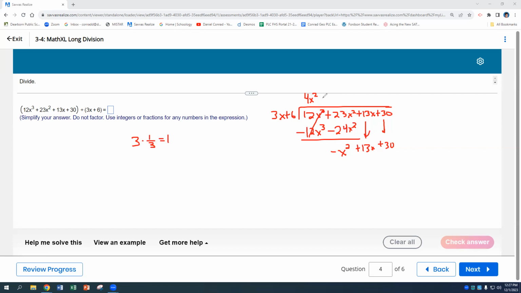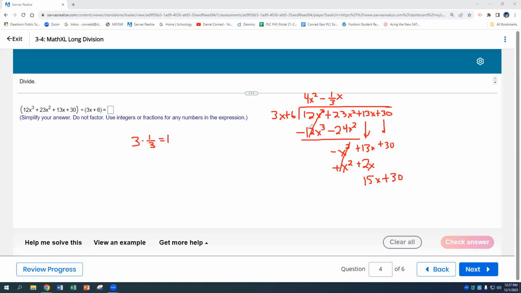So what we need to do is multiply by negative 1/3 x. Negative 1/3 x times 3x is going to be negative x squared. Negative 1/3 x times 6 is going to be negative 2x. When we subtract, we switch the signs. So this becomes 15x plus 30.